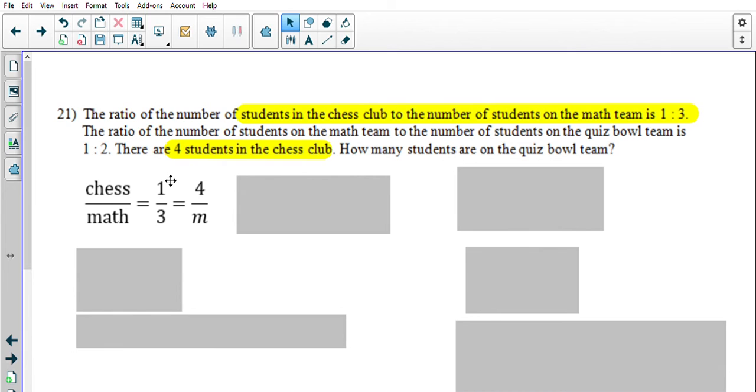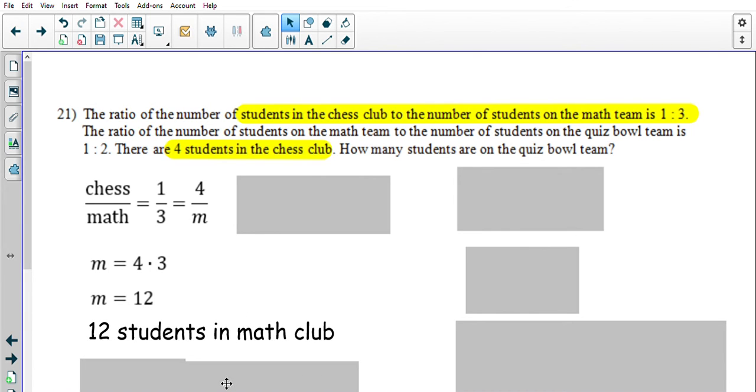So 1 student for every 3, and 1 student in the chess club for every 3 students in the math club. If we have 4 students in the chess club or chess team, we want to figure out how many students are on the math team or math club. So 1 times m is just m, 3 times 4 is 12. So guess what? There are 12 students in the math club.